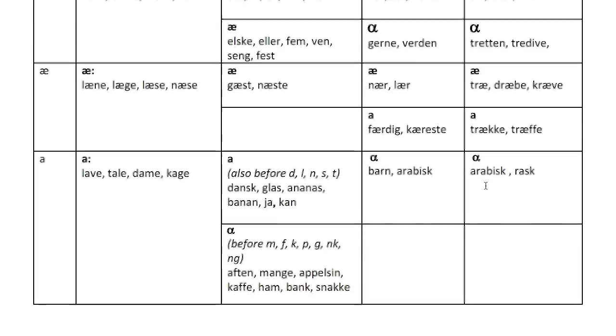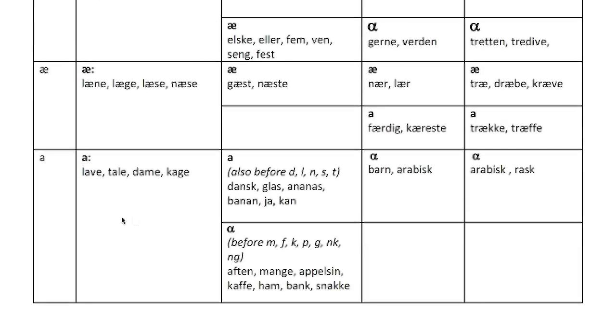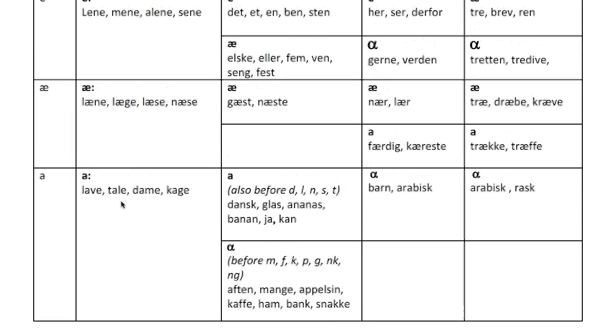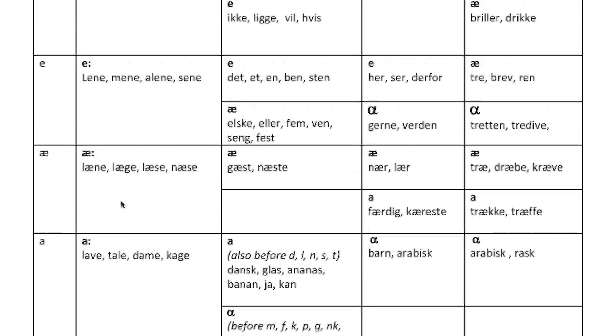Then the next letter is very important because it occurs mostly in practical, most frequently used words in Danish. So in the alphabet it is the letter A, and in the long variant it is pronounced as a long sound. For example, in lave, tale, dame, kage. Please pay attention that this is the most open one.